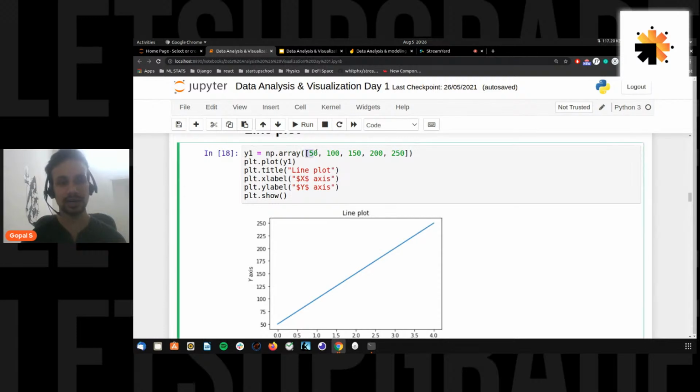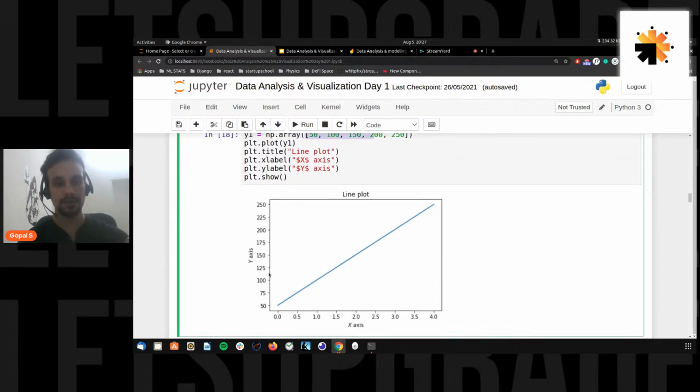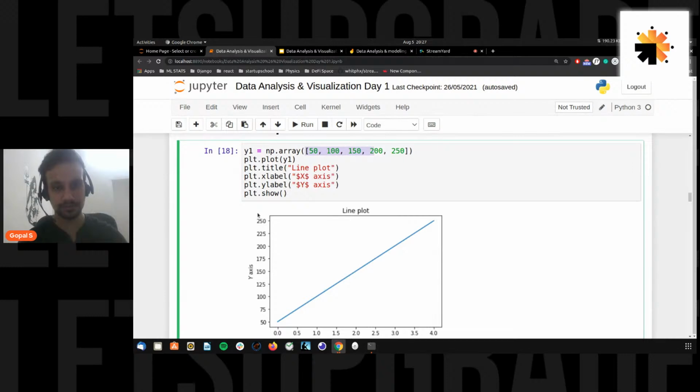I just took simple values: 50, 100, 150, 200, 250, right? When you pass these to plt.plot, it takes the values automatically on the y-axis and prints them here.